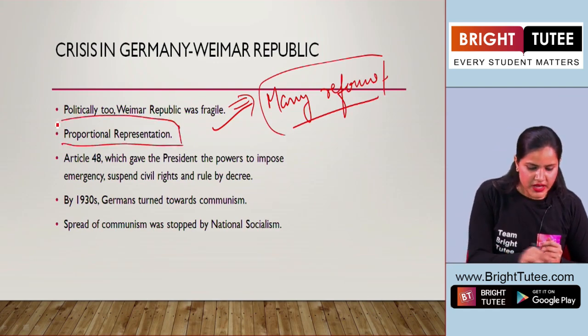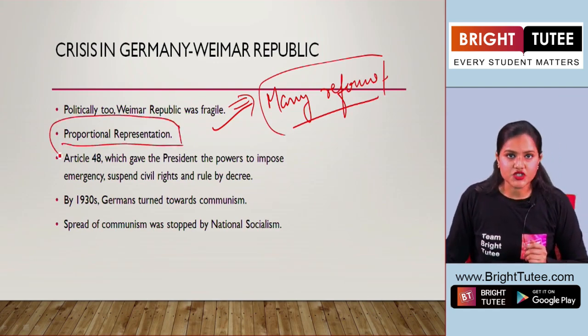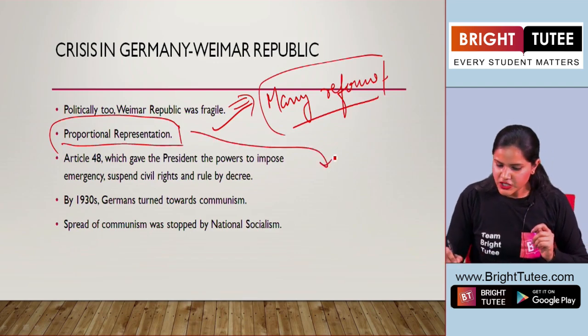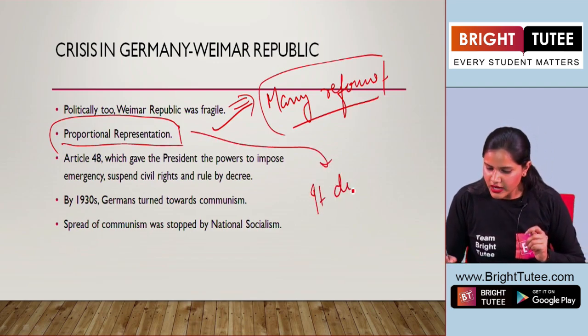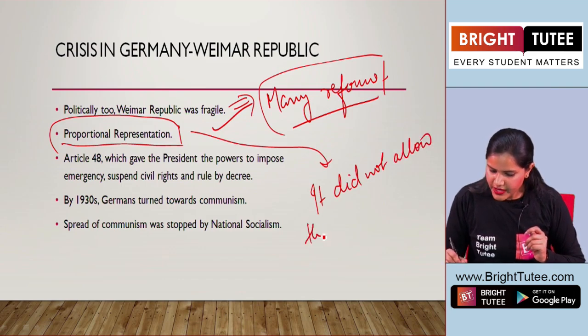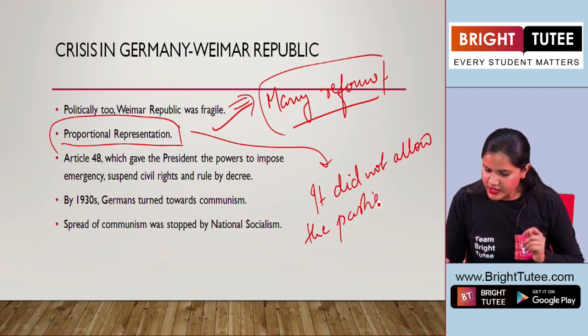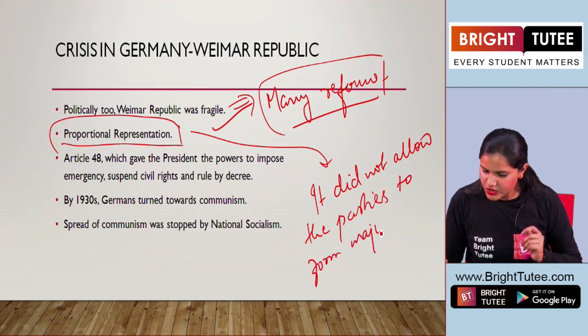The first one here is proportional representation. Proportional representation did not allow the people or the parties to form a majority in Germany.